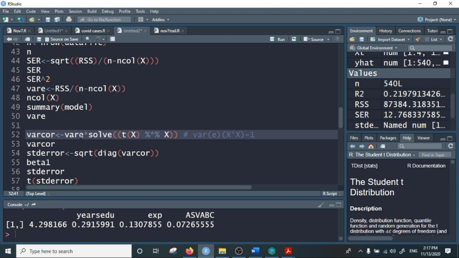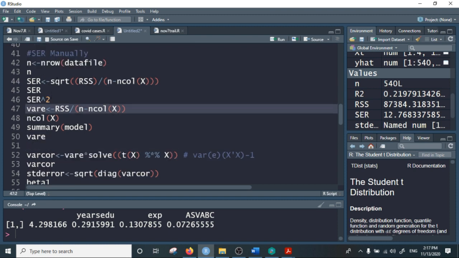So I have written the codes for this formula here. The variance has been calculated by this command line.